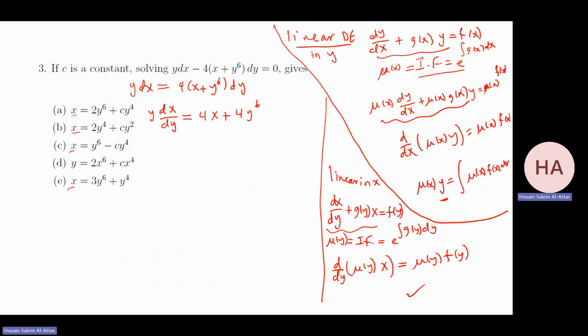I'm trying to get into details. So rearrange it. I have y dx over dy minus 4x equal 4y to the power 6. Divide by y now. So I have dx over dy minus 4 over y x equal 4y to the power 5. So it's very clear in this format. I have dx over dy, this is a function of y, and this is a function of y. So it's linear in x.